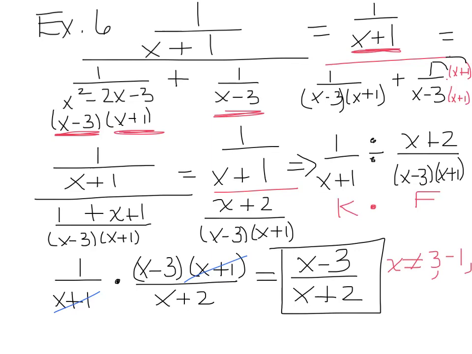This one, I got negative 1. Let's see if I see anything else in the denominator. Oh, that plus 2. So negative 2 is another one. So those are my exclusions. So try to get in the habit each time of excluding numbers in your denominator that will make the value 0. And that's it.